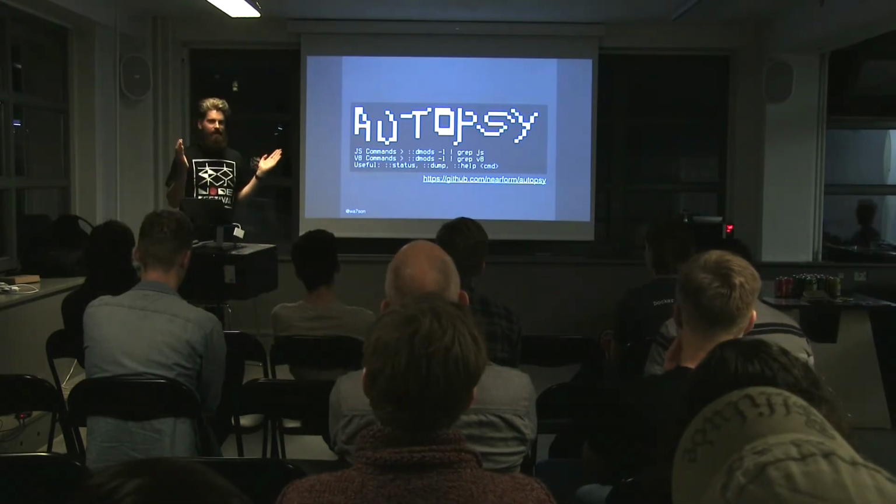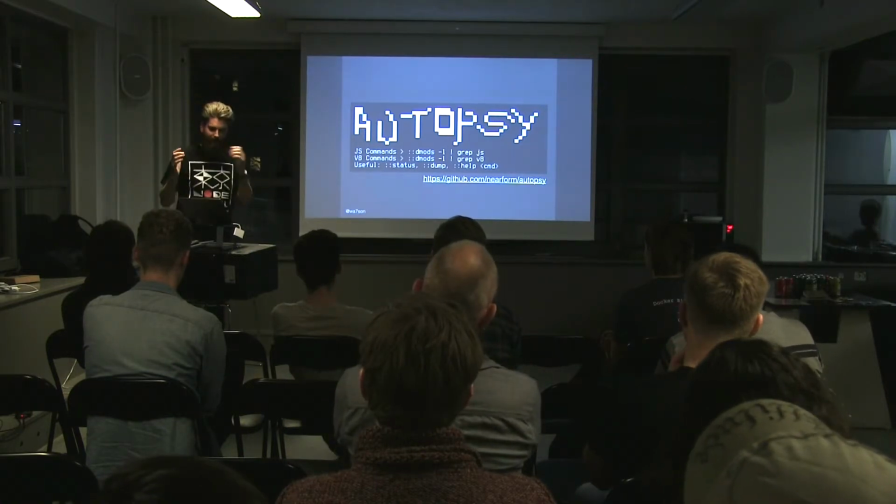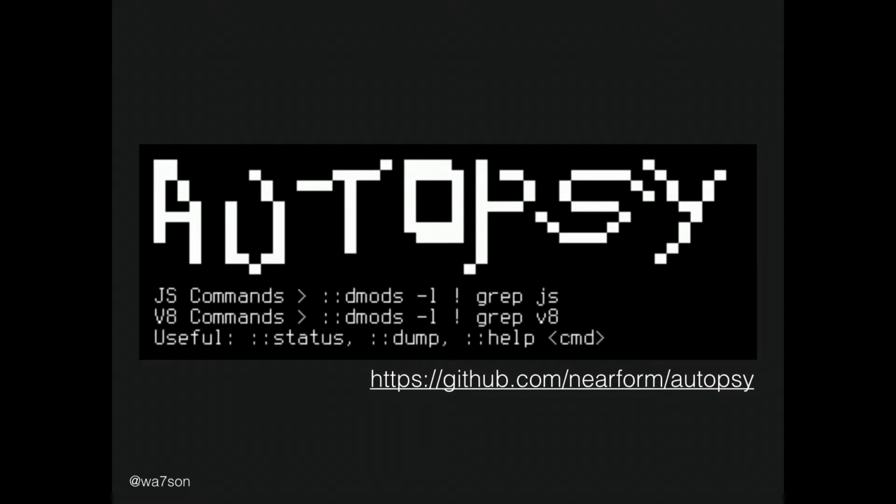I don't have a Solaris machine, or most people don't. In this case I actually do, but most people don't. So how do you get a Solaris machine? Well, you can do npm install, as you always do to fix a problem. npm install autopsy globally. When you install autopsy, you get a command line tool called autopsy, and you run autopsy setup.